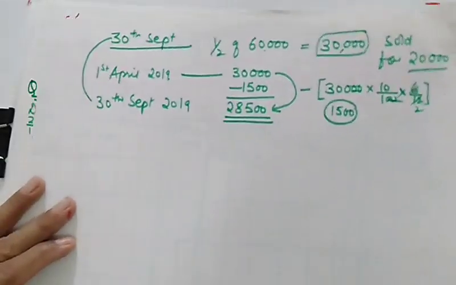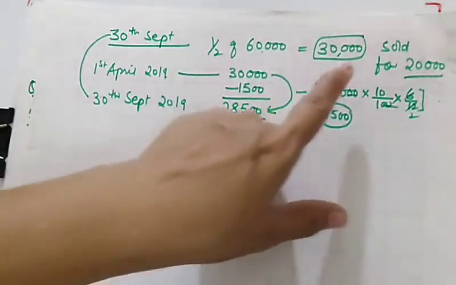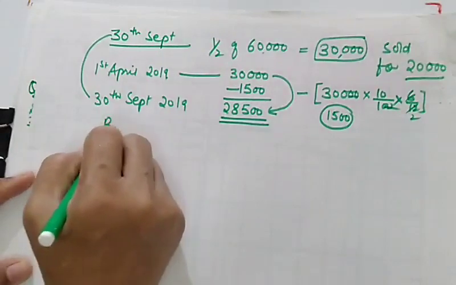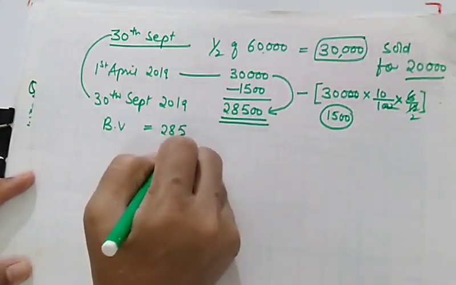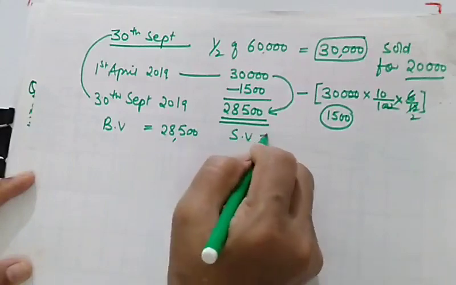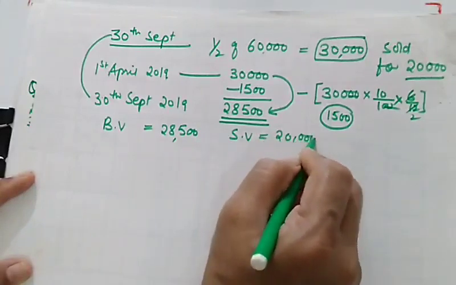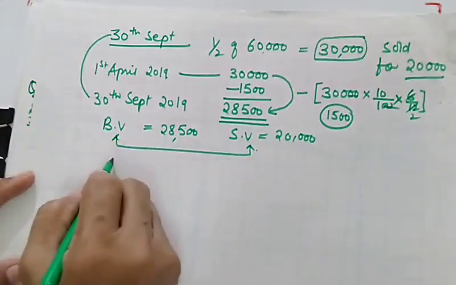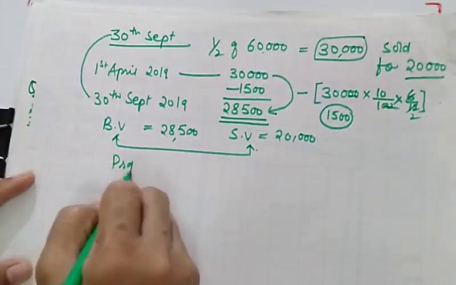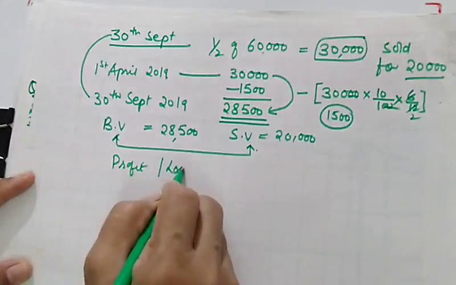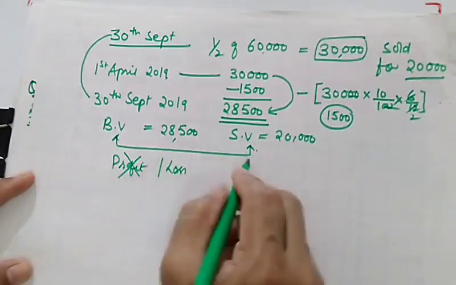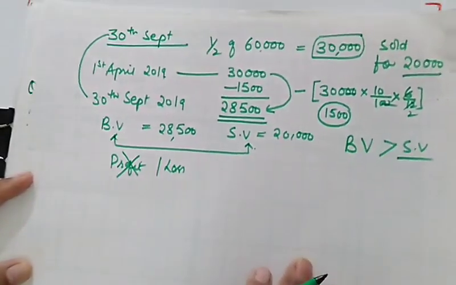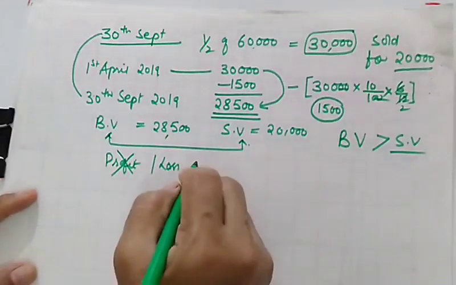So now we know the book value of machinery on 30th September. Now you have the book value with you, 28,500, and you know the sale value also, it is 20,000. So you can easily compare these two. So what is the profit or loss? Here we don't have profit, only loss is there, because book value is more than sale value. So here we are suffering a loss. How much loss we are suffering?